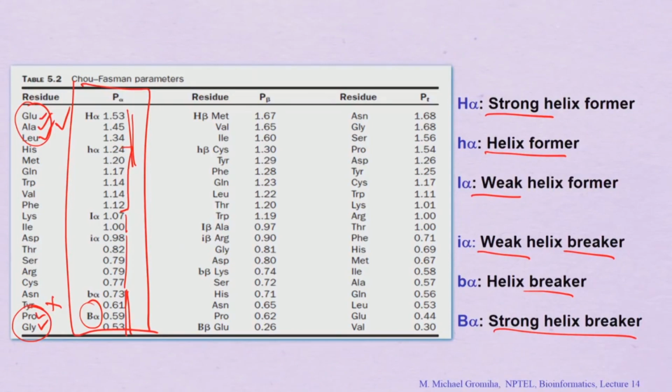If you see the beta strand, here are the 6 different groups classified, and you can see the high values. These are the strong beta formers and these are the beta breakers. And if you compare P alpha and P beta, some residues are distinct and some residues are the same. For example, proline is not preferred in alpha helix, and also it is not preferred in beta strand. Glutamic acid is a breaker in the case of beta, but it is a strong helix former in alpha.